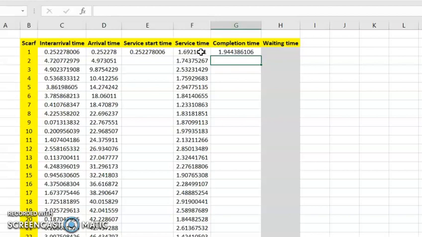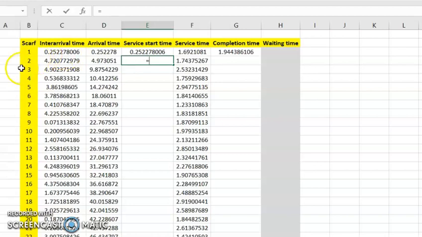When you have the start time of the service and you have the service time, when you add these numbers together, you get the completion time. Now you have the completion time, my friends, here. So you are completely good to calculate the service start time for scarf 2.